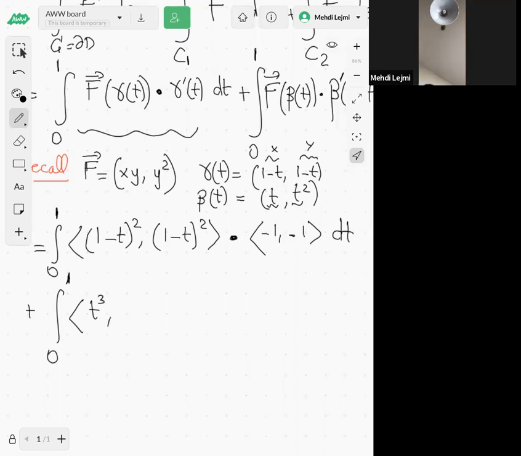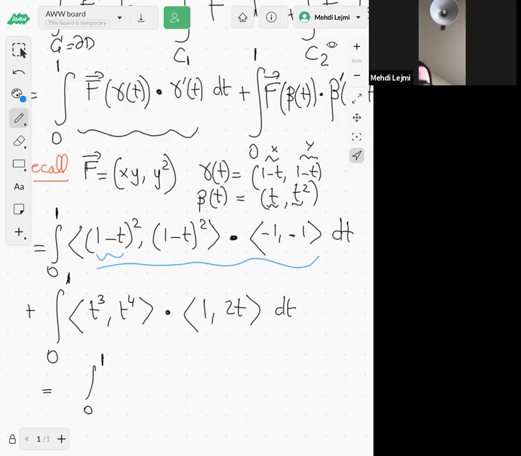And then you have y squared, that's t to the power 4. Scalar product with beta prime of t. The derivative of beta of t: the derivative of t is 1, the derivative of t squared is 2t, dt.